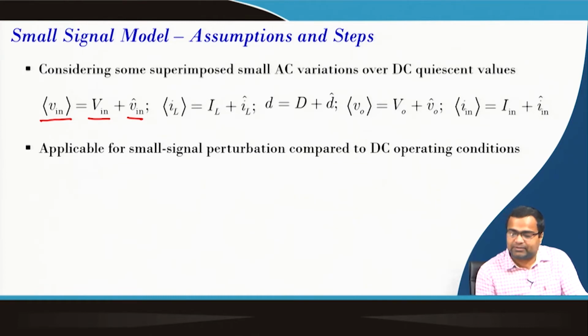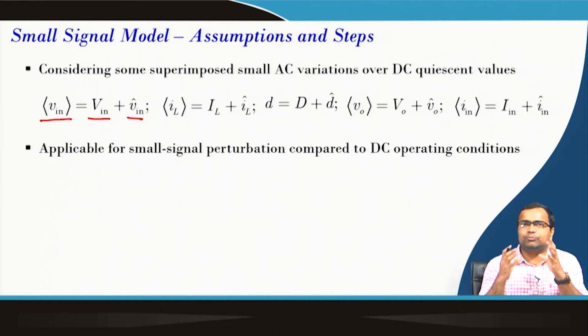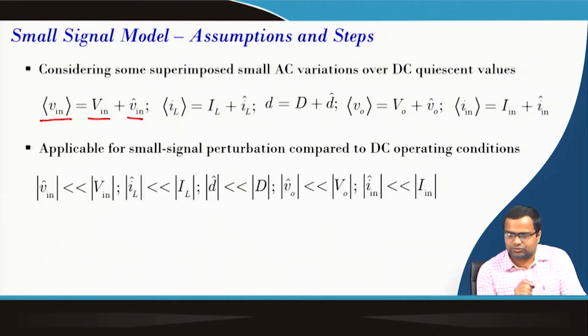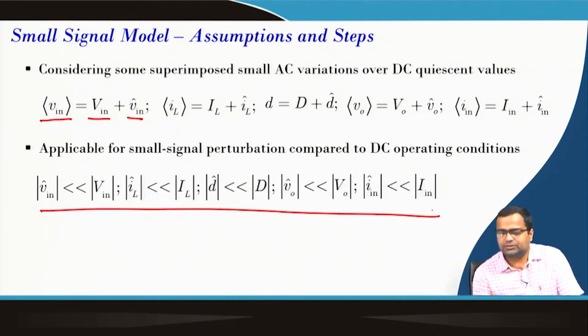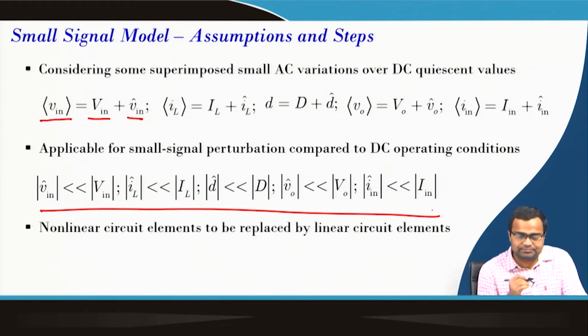This is applicable because we are talking about the small signal model, where we ignore the nonlinear terms, meaning any product of perturbations should be ignored. This is only valid when the perturbations are much smaller than their corresponding steady state values. This is the condition for which our small signal model is valid.